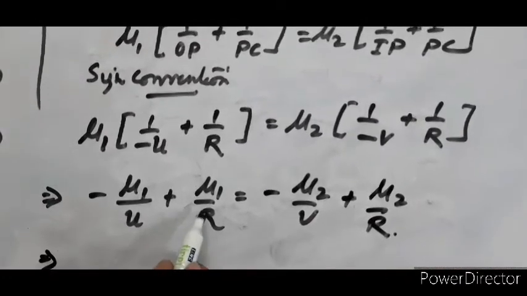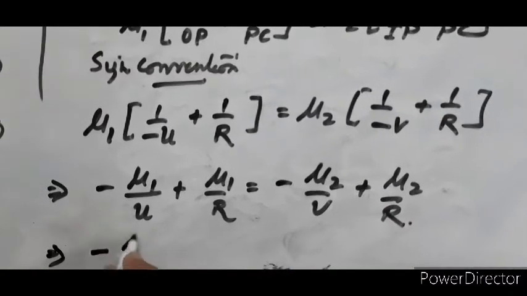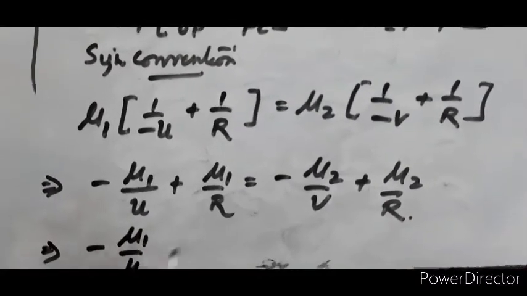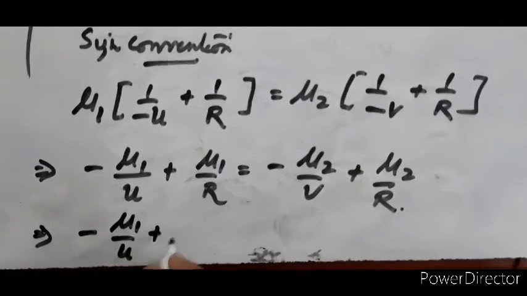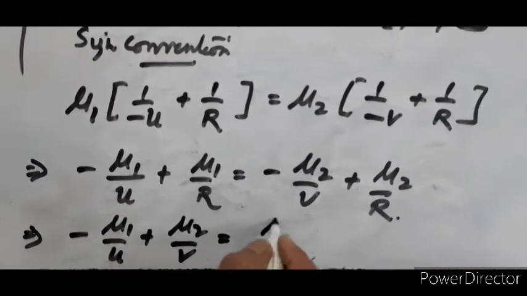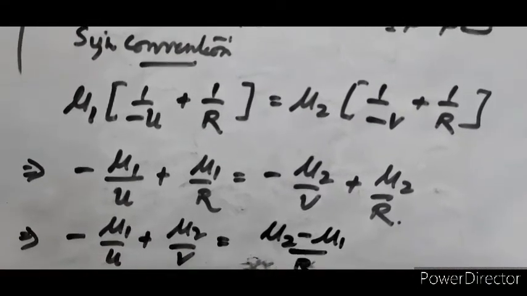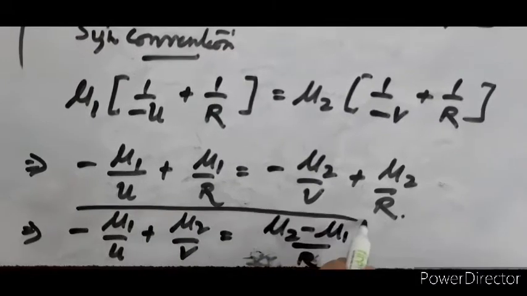So if we take this on that side and this on this side, minus mu1 by U comes here, plus mu2 by V is equal to mu2 minus mu1 by R. That is the relation.